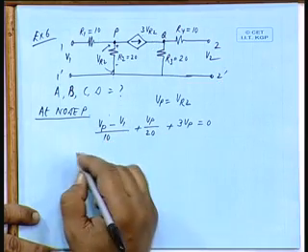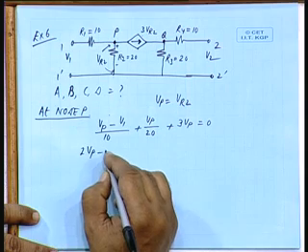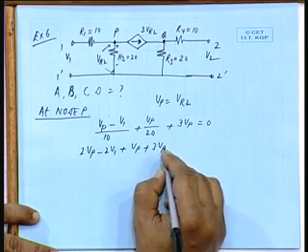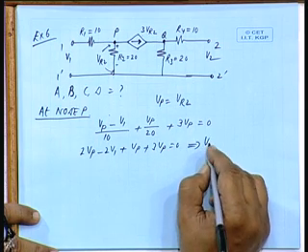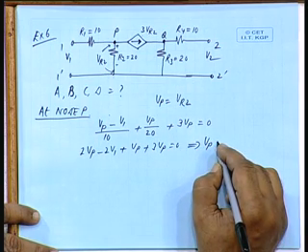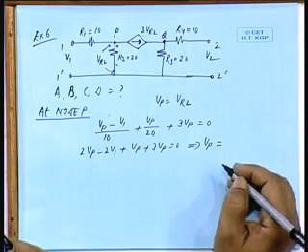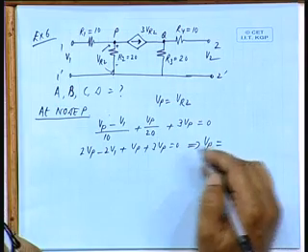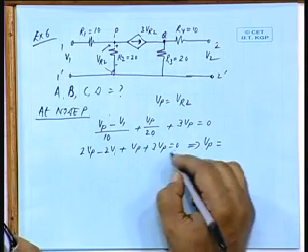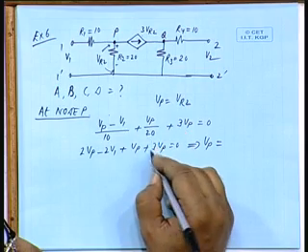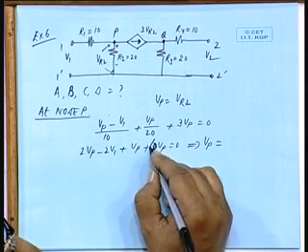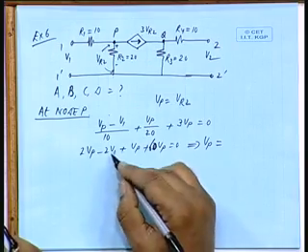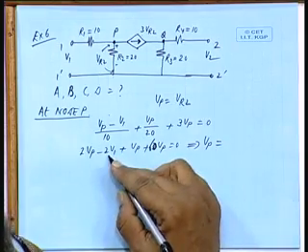So, if you multiply by 20, twice Vp minus twice V1 plus Vp plus 3 Vp equal to 0. That gives me Vp in terms of the supply voltage V1. 3 into 20 is 60, plus 2 plus 1, 63 Vp is equal to twice V1.